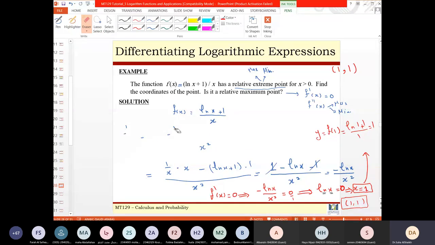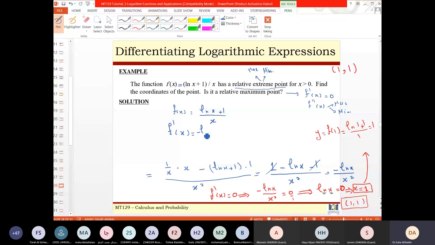and I'm going to write the f dash. So we end up with f dash x is equal to minus ln x over x square. Now to check if the point is a maximum or minimum point, I need f double dash. I need to find the second derivative here. So what will be the second derivative?